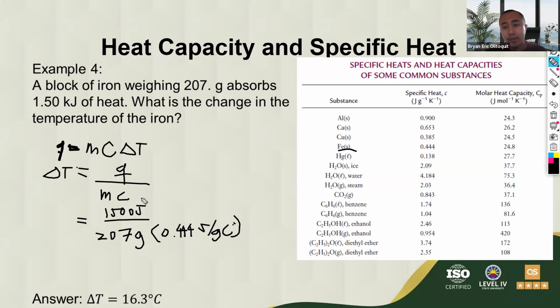So, as you can observe, calculator na lang to. So, you have 1,500 divided by the quantity 207 times 0.444. So, we will have 16.32.